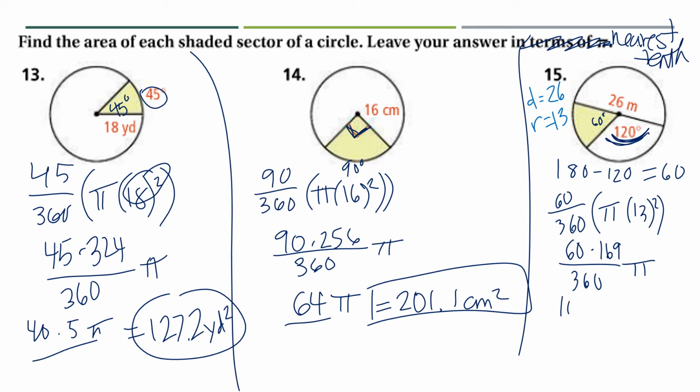So I'm going to leave it as 10,140 over 360 pi. And then I'm going to put that in the calculator to get 88.5 meters squared.